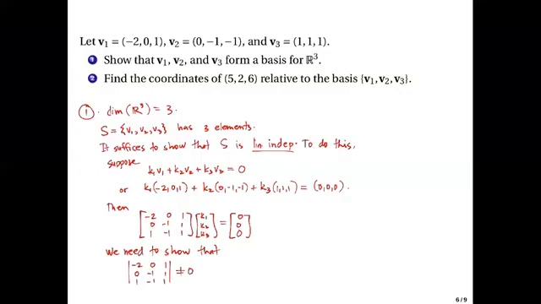We need to show that the determinant is not equal to 0 so that the vector k1, k2, k3 has only the trivial solution.